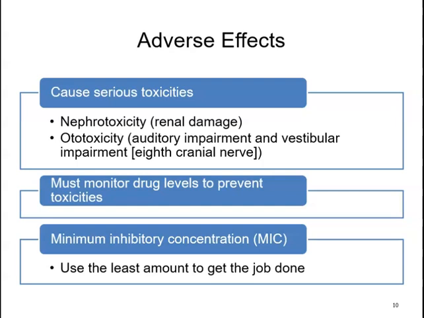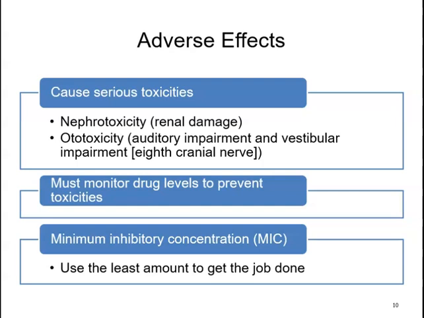The aminoglycosides are readily taken up and readily retained by the kidney and also in the cochlear cells, and that's why they are cytotoxic. So we need to be aware of the signs and symptoms of this in our patients. The signs of nephrotoxicity would be noticed by looking at the BUN, or blood urea nitrogen, and the creatinine levels.